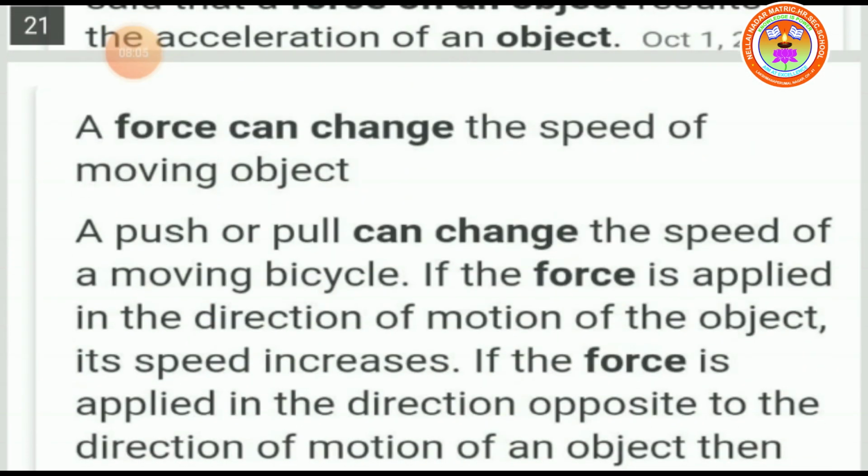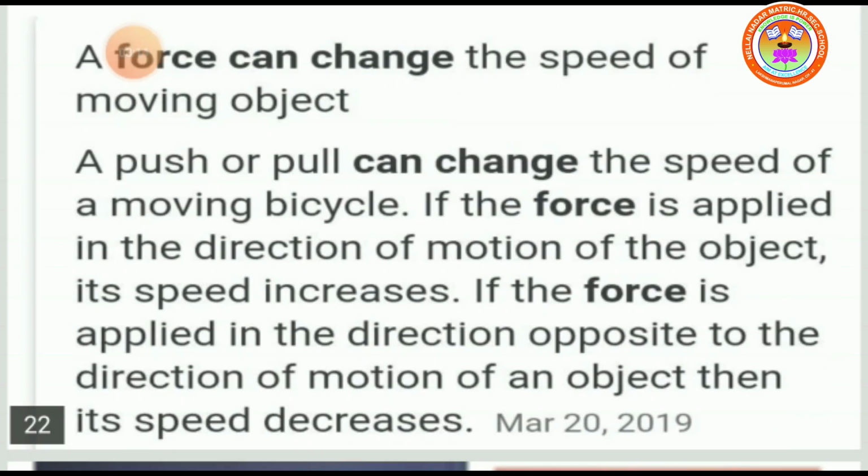A force can change the speed of a moving object. A push or pull can change the speed of a moving bicycle. If the force is applied in the direction of motion of the object, its speed increases. If the force is applied opposite to the direction of motion of an object, then speed decreases.